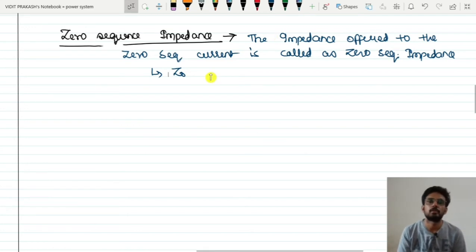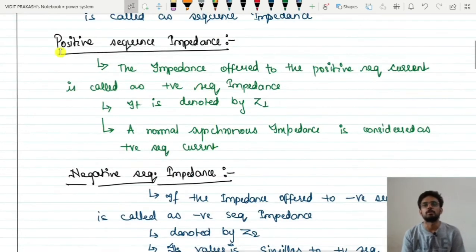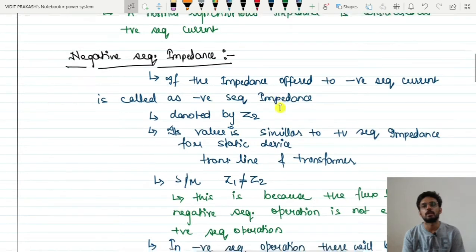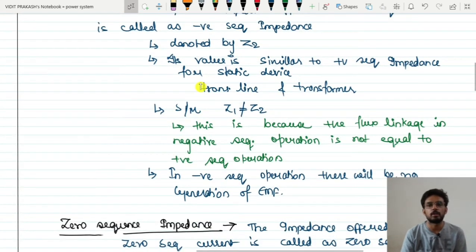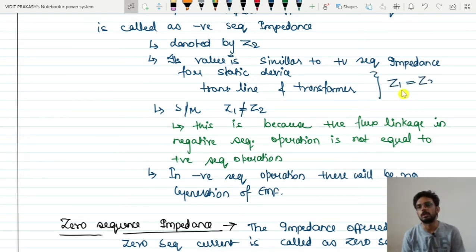Positive sequence impedance is Z1 and negative sequence impedance is Z2. If your device is static, then positive sequence impedance will be equal to negative sequence impedance.